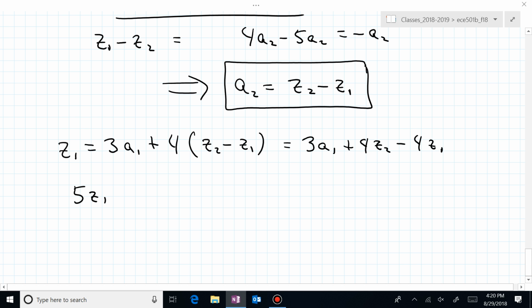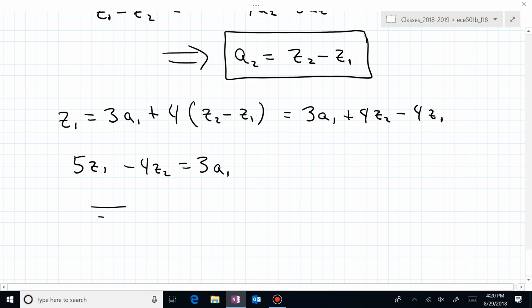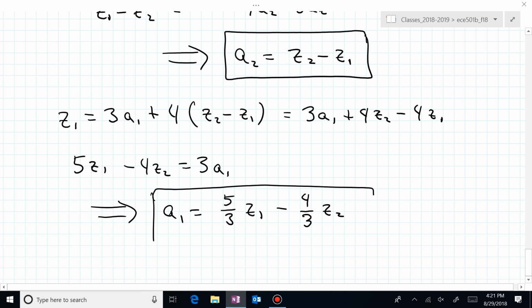Pushing all the z's to the left, 5z1 minus 4z2 is 3a1, and that now allows me to say that a1 is indeed 5/3 z1 minus 4/3 z2. And I did that without inverting a matrix.